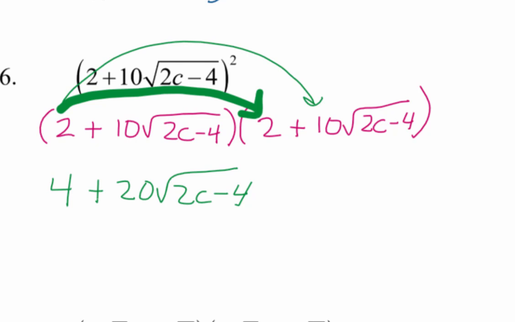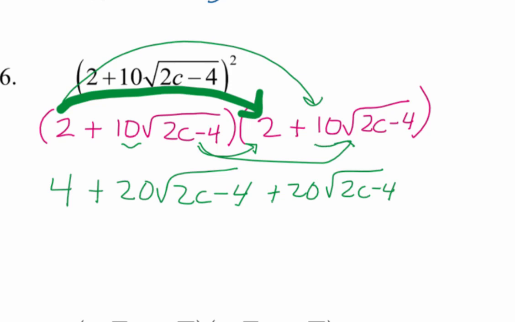And then now we're going to do the inside. And that's another 20 square root of 2c minus 4. And then we have the, okay, this one's going to be interesting. So we're going to multiply the 10 times the 10, which is 100, and a square root of 2c minus 4.